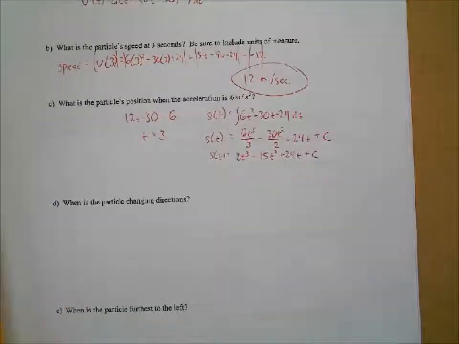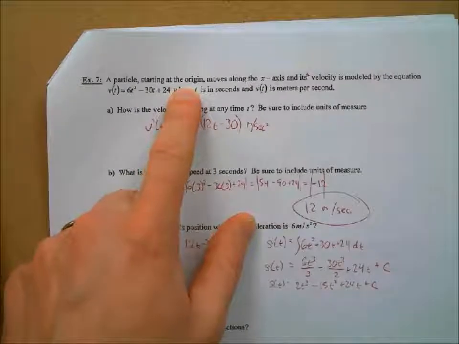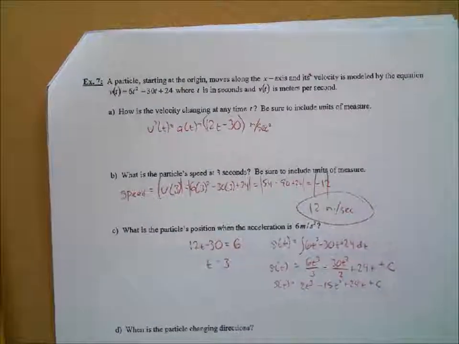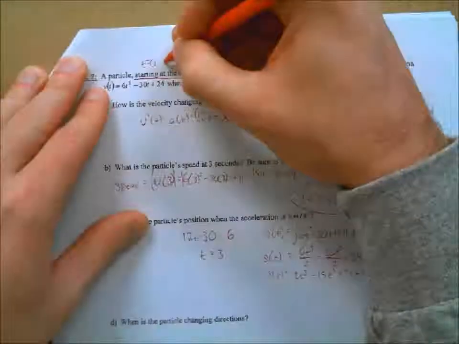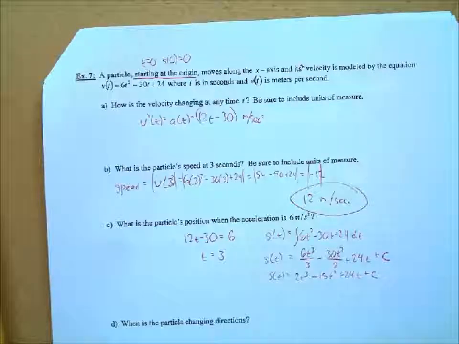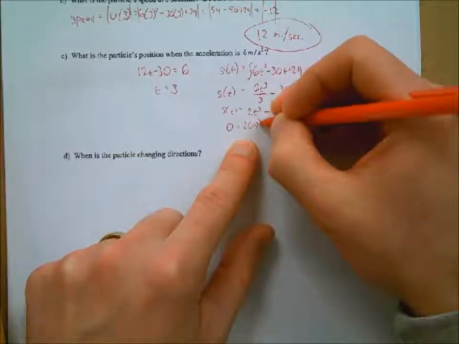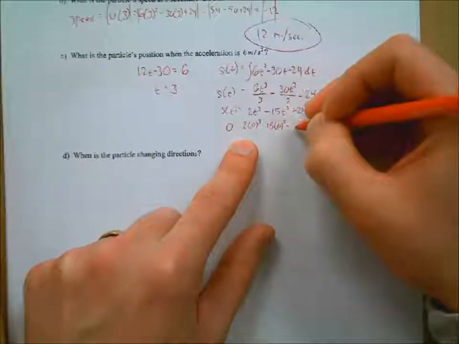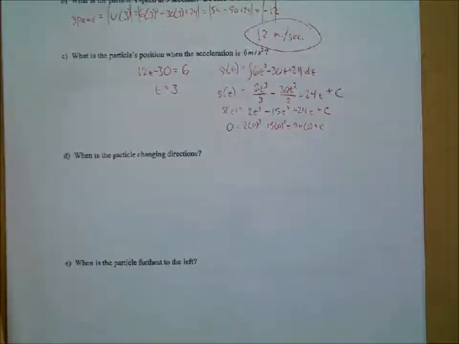But we are told some information about the position of our particle. It says it starts at the origin. Aha! That little throwaway phrase that we maybe glossed over is important. Starting at the origin means that at time t equals 0, the position is 0. So 0 equals 2 times 0 cubed minus 15 times 0 squared plus 24 times 0 plus c. So c is 0.